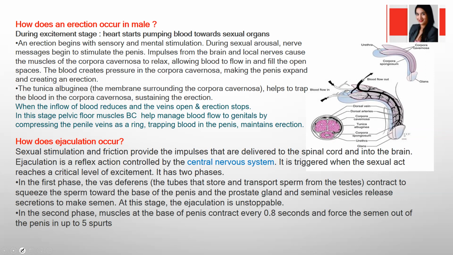Suddenly they will compress, and suddenly the semen will go with force. So we need strong pelvic floor muscles for this kind of force to be generated, so semen can flow with force.